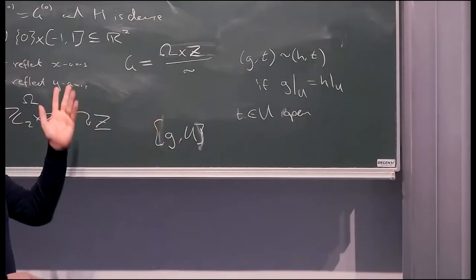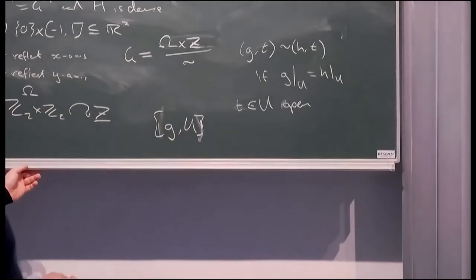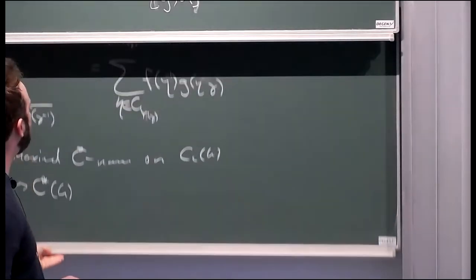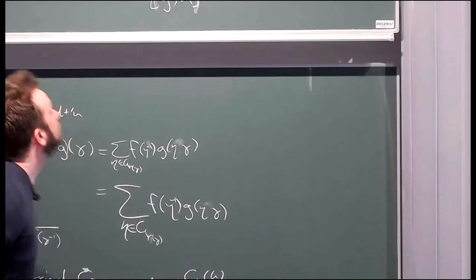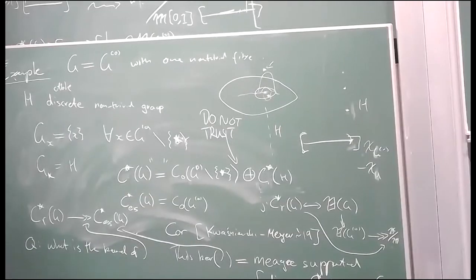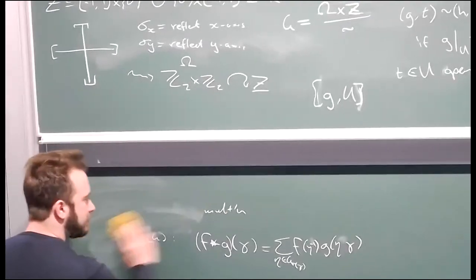This will generate your topology. Then everything's fine away from this intersection, this origin, because away from this origin, you have everything acting trivially. Well, sorry, you don't have everything acting trivially. That's a lie.